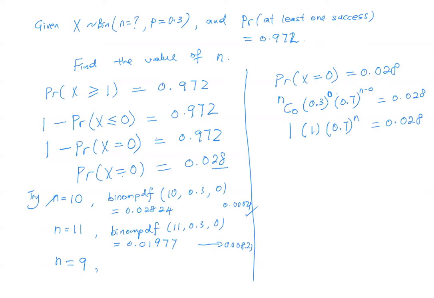Right? So now n ln 0.7 equal to ln 0.028. You want to say ln, you want to say log, up to you. So your n equal to ln 0.028 divided by ln 0.7. Okay. Now you try to count, see whether it's the same or not.